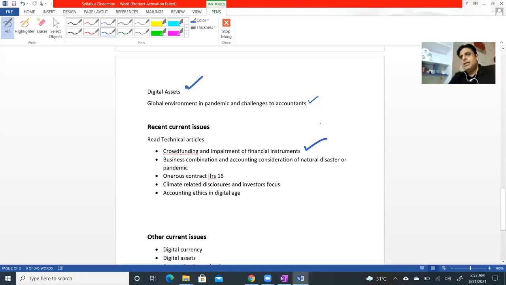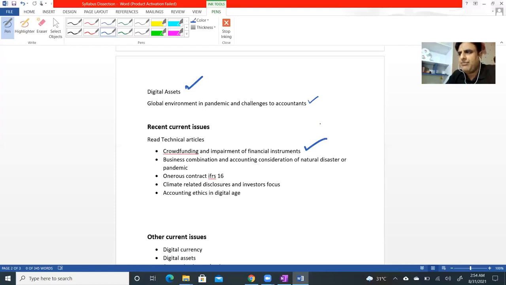Crowdfunding is, for example, if you are going to acquire a subsidiary and you are going to issue loan notes. Okay, so now here you are issuing the loan notes not as a single entity. Let's say for example, as a group or as a number of entities, you are issuing loan notes.